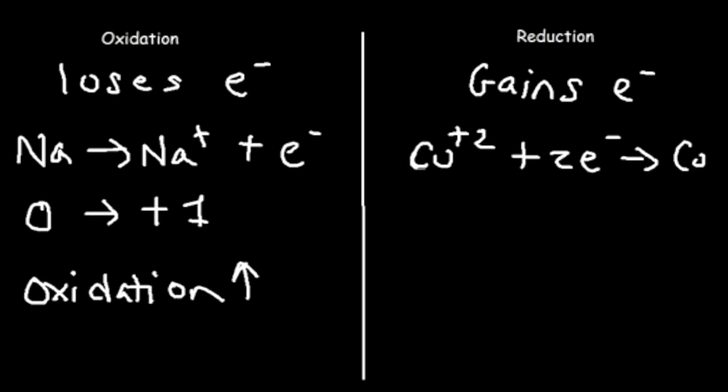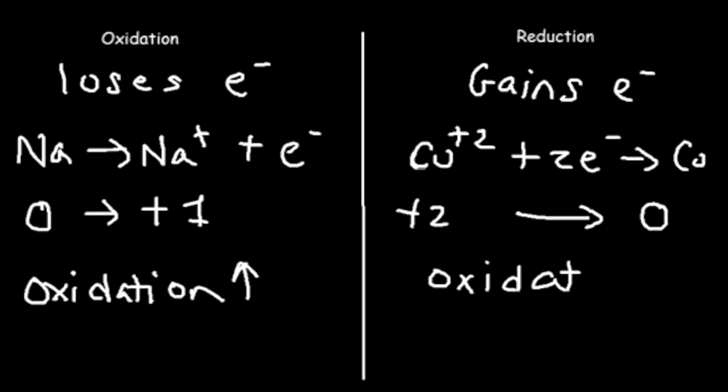If you look at the example on the right side, the copper has a +2 charge, so its oxidation state is +2. And then as it becomes elemental copper, pure copper metal, its oxidation state is back down to 0. Because the oxidation number decreased, it was reduced. In other words, it's reduction.